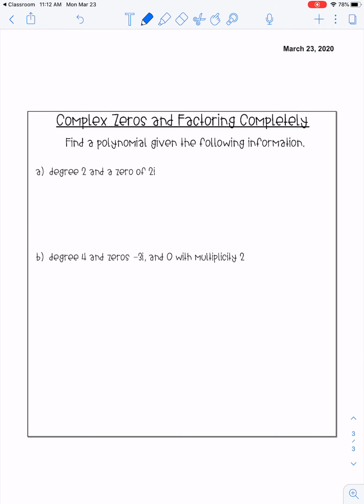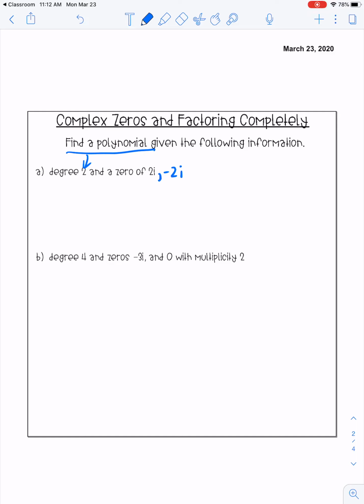So now we're working backwards. I'm giving you information. I'm telling you that I want you to find a polynomial with a degree of 2 and a 0 at 2i. So if 2i is a 0, negative 2i is automatically a 0 because complex solutions appear in pairs, plus and minus.